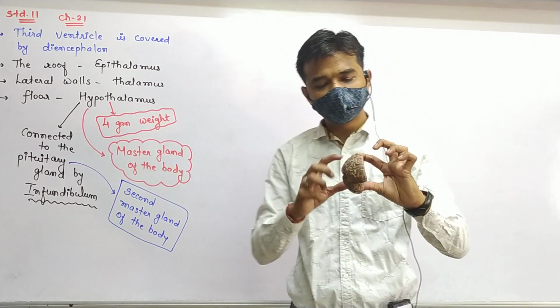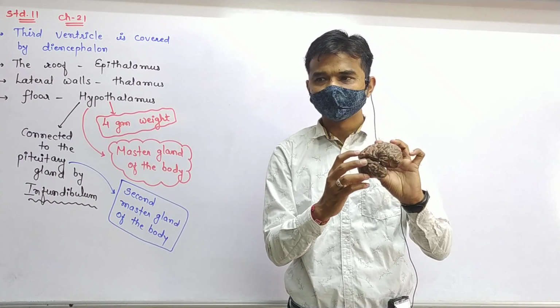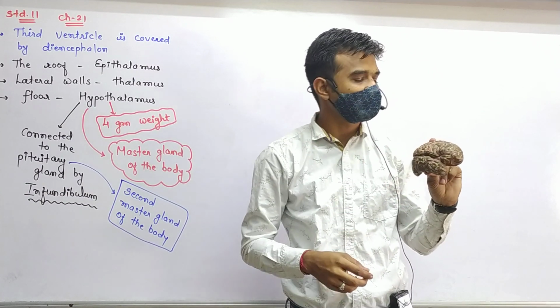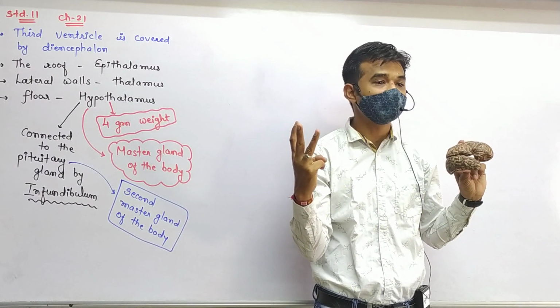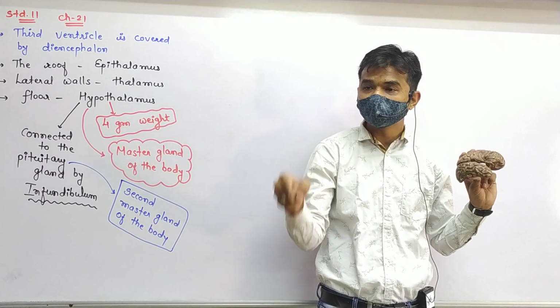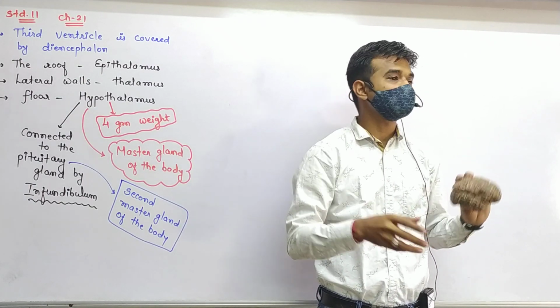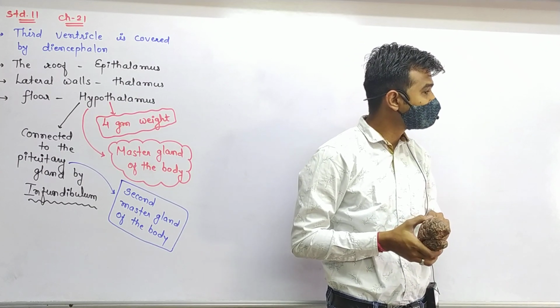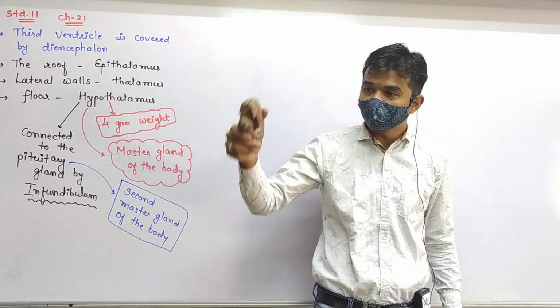You know that these all are elevated portions, gyri, and depressions known as sulci. So here three deep sulci are there, known as fissures. Now I am explaining to you the four parts of the brain. Yesterday we showed that the three fissures divide the cerebrum into four parts.